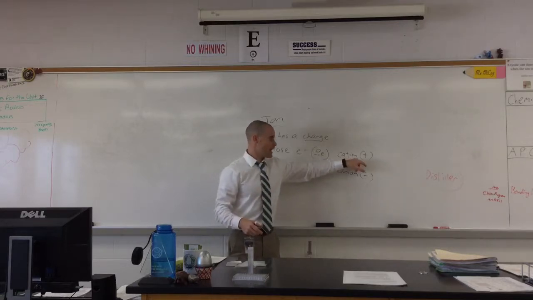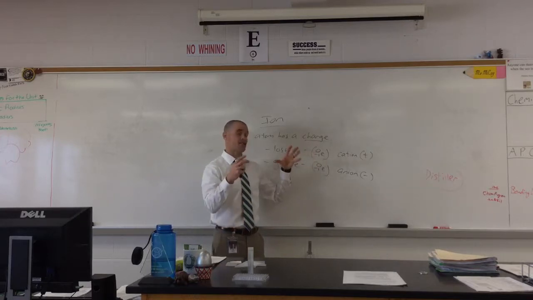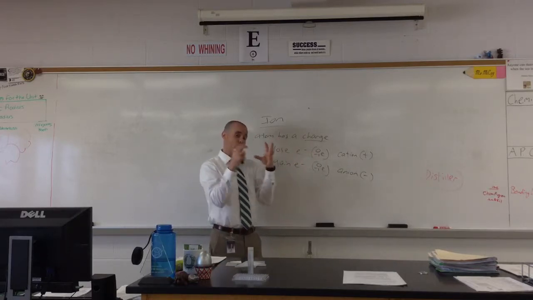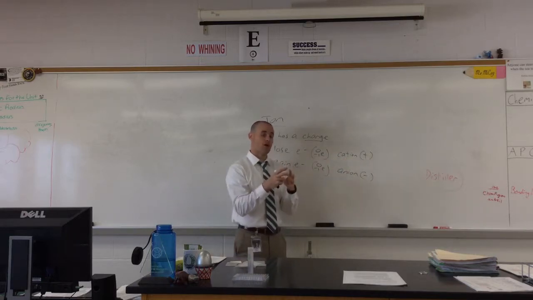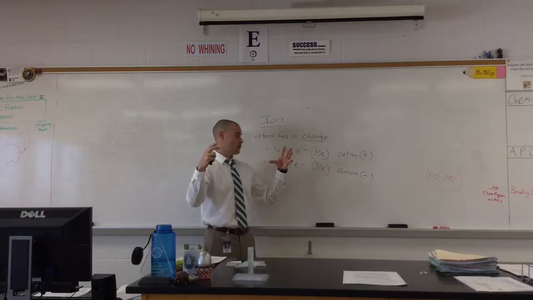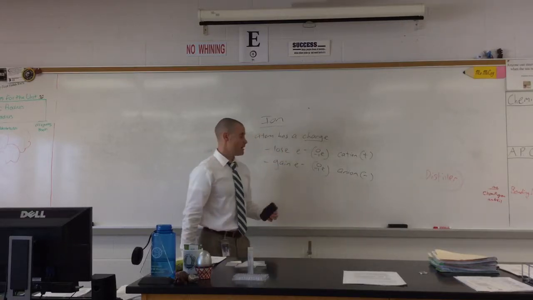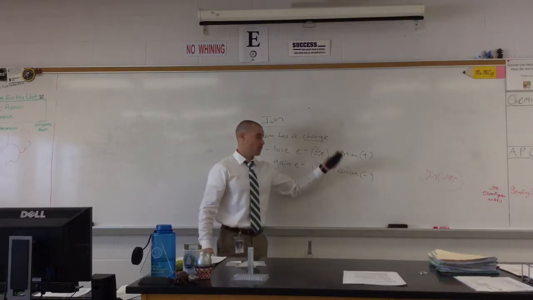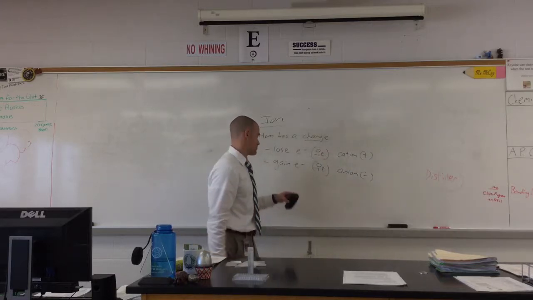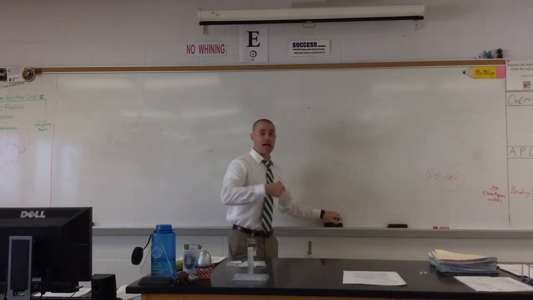Cations, because they lost electrons, have fewer shells, so they shrink. Anions get bigger because they're gaining electrons. We're going to talk more about that tomorrow, Wednesday. But I just wanted to review that with you a little bit because I didn't talk about it yesterday. So that's the gist of it as far as cation and anion.